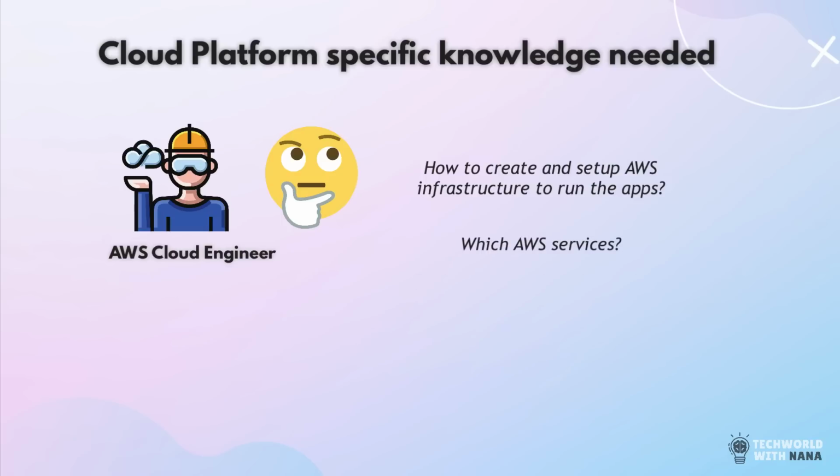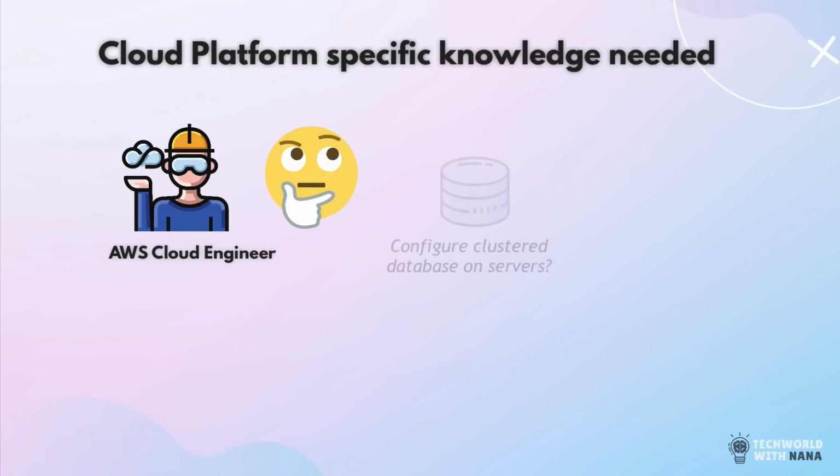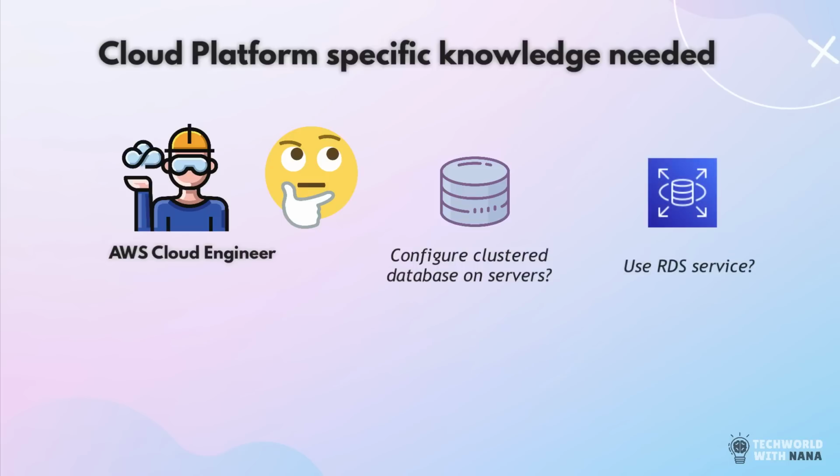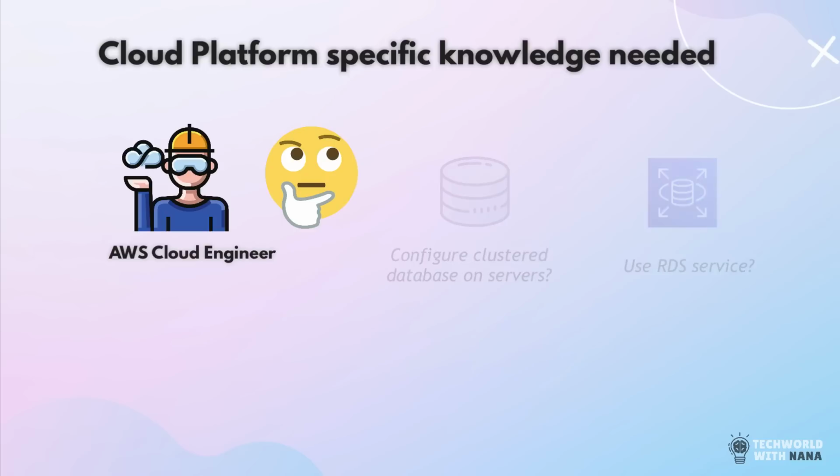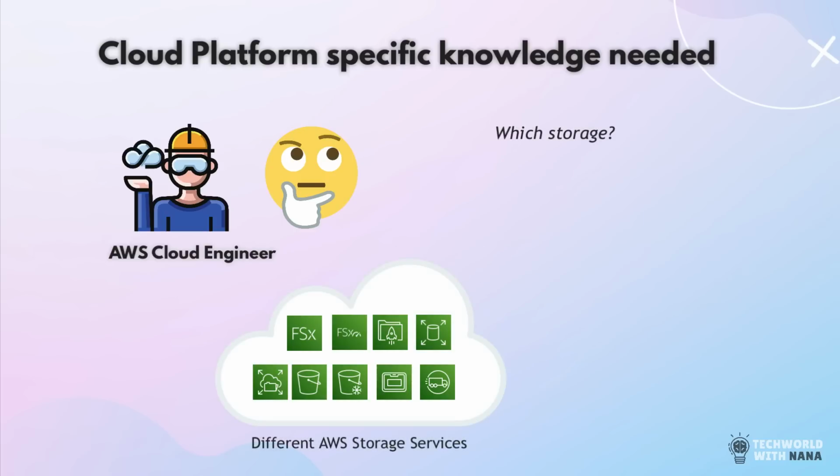Should they rent servers and directly configure stuff on them, or use managed services instead, which cost more but are easier to configure and manage? Like install and configure clustered database on servers, or use the RDB service from AWS, where all of that is already configured. Then we have questions like which storage to use and how to configure that.